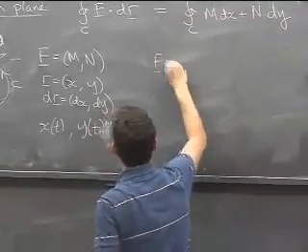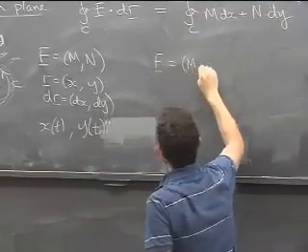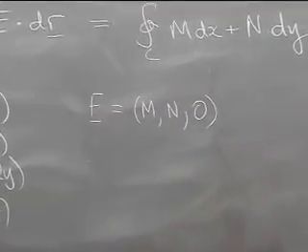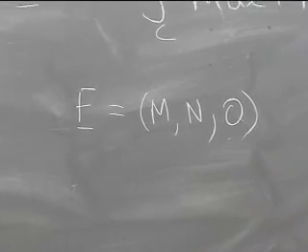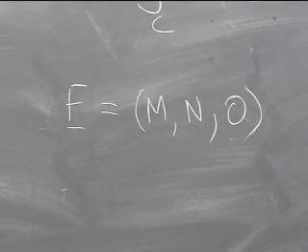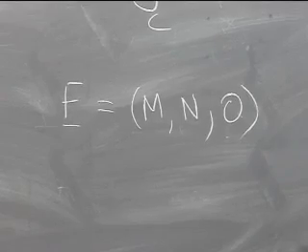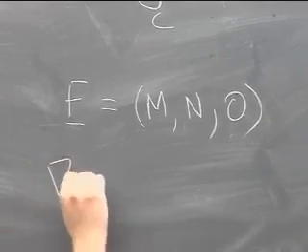My next thing I'm going to say is imagine that this is M, N, 0. Okay, it's in the plane. We've got to allow ourselves a mythical third dimension, but luckily everything is 0 in the third dimension. All right? So what is the curl?